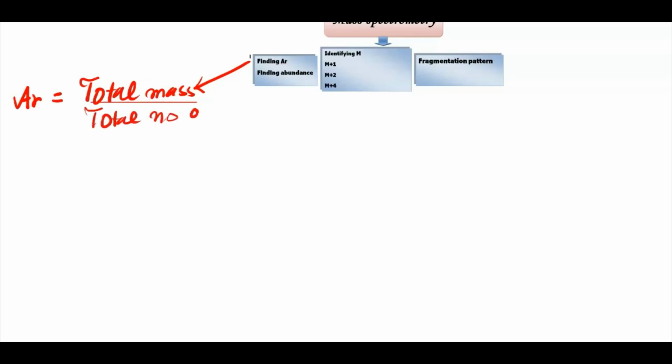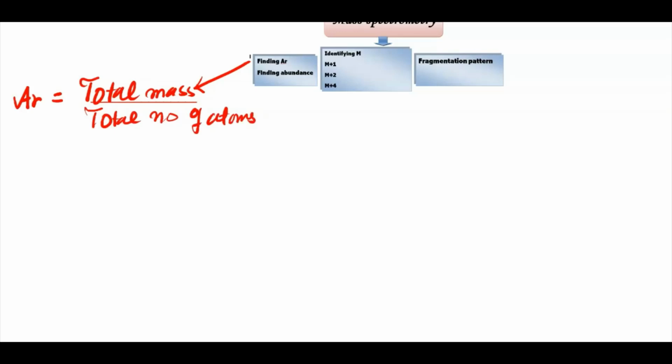So in the first part, you need to calculate AR, and for calculating AR, you need total mass of given isotopes divided by total number of atoms provided.